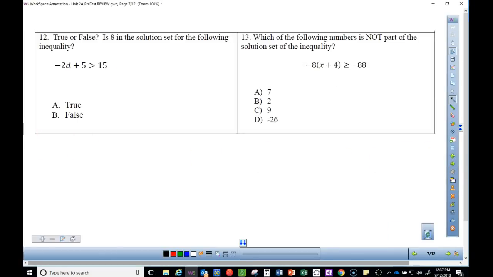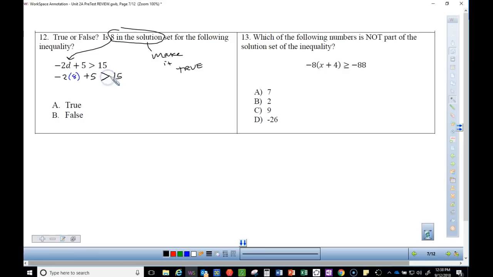All right. True or false? Is 8 in the solution? Well, solutions make things true. Let's see. If I plug 8 in for d, I would have negative 2 times 8 plus 5 is greater than 15. Now, it's not going to work if you don't know what that symbol means.